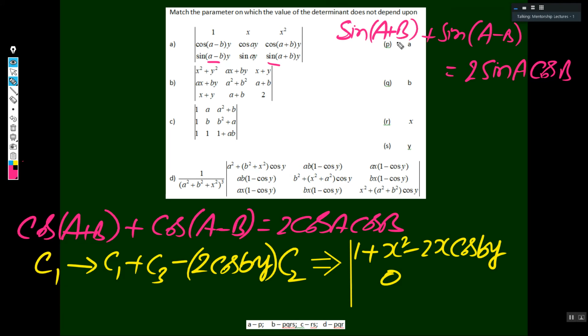You know the formula sin of A plus B and sin of A minus B. Add them to get 2 sin A cos B, and thereby you'll get 2 sin AY cos BY minus 2 cos BY sin AY. That also becomes 0. You must get this idea.